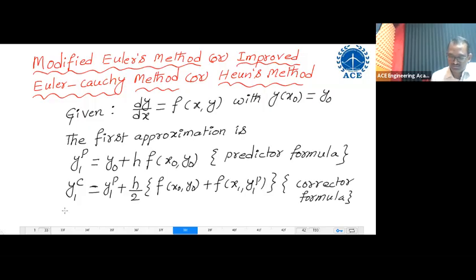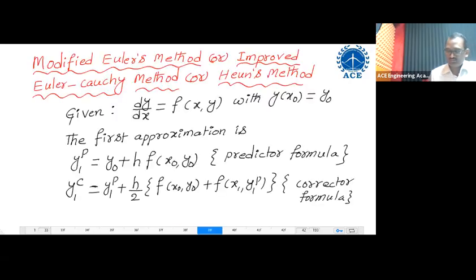Next. y1 power c1. y1 power c1 means this is corrector formula. c1 means correcting one more time. Correcting one more time. 1 minute, students.